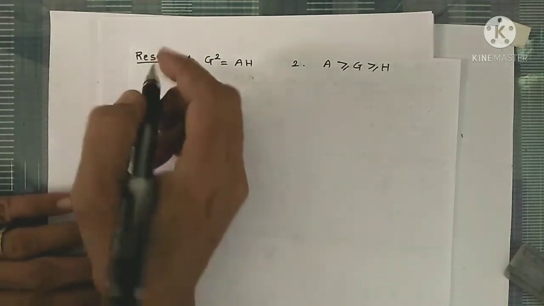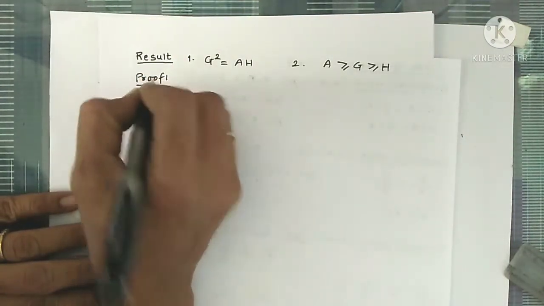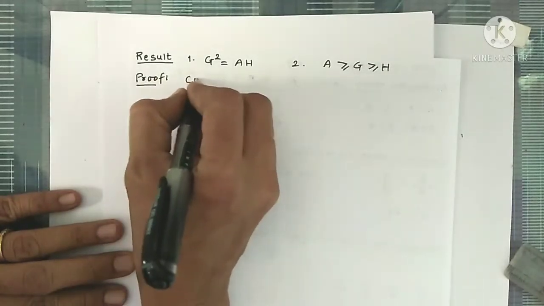Now using these formulas, we can prove this result. The result says that first one, G square equal to AH, and the second one is arithmetic mean is greater than or equal to geometric mean greater than or equal to harmonic mean. So first of all, let's prove this. So proof, consider two numbers x and y.